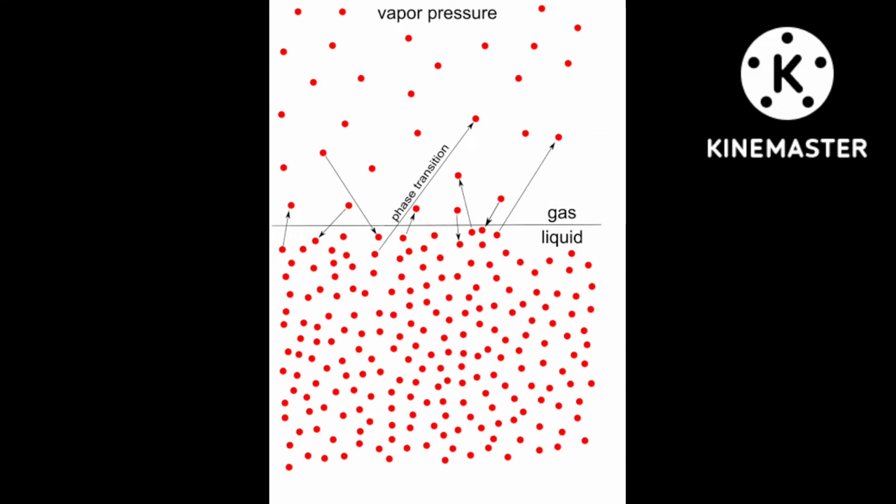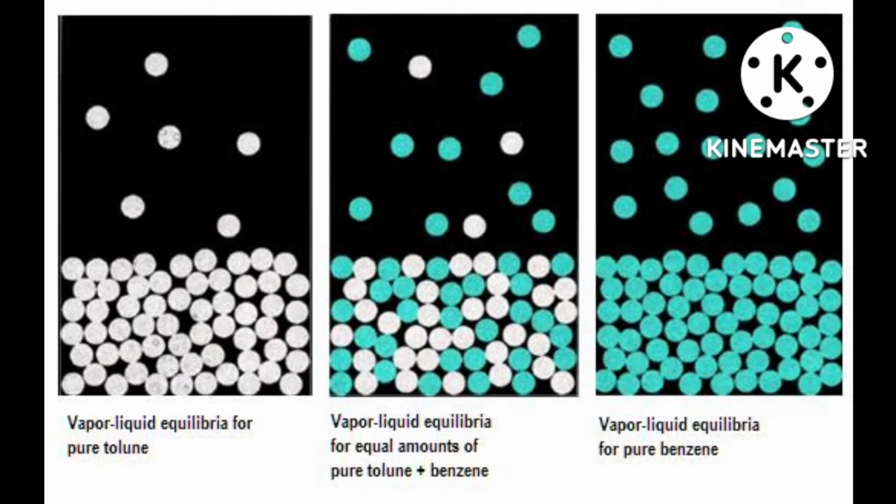I will tell you about the vapor pressure of some liquids. Here again you should understand: at 1 atmospheric pressure, the boiling temperature is called the normal boiling point.